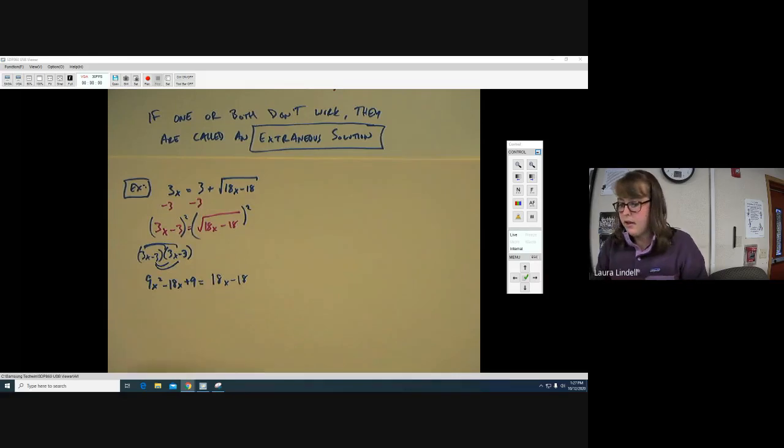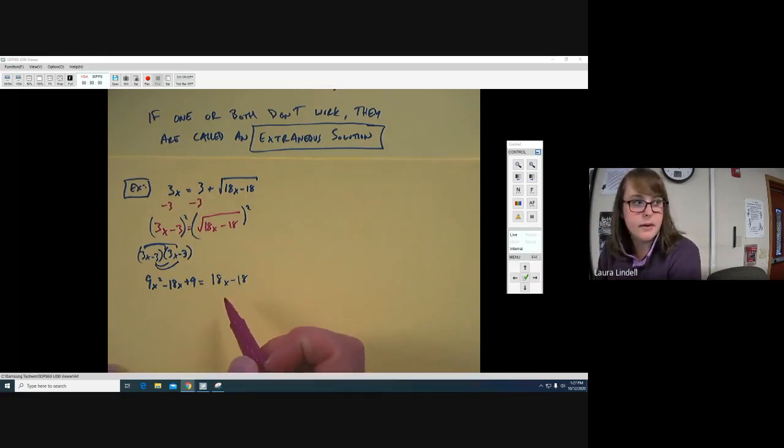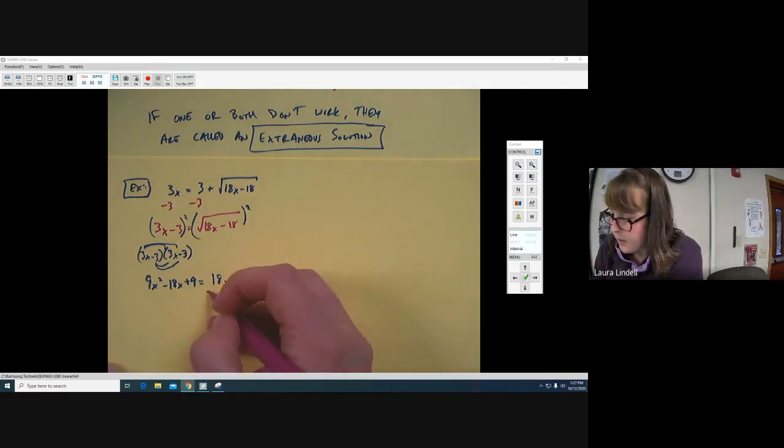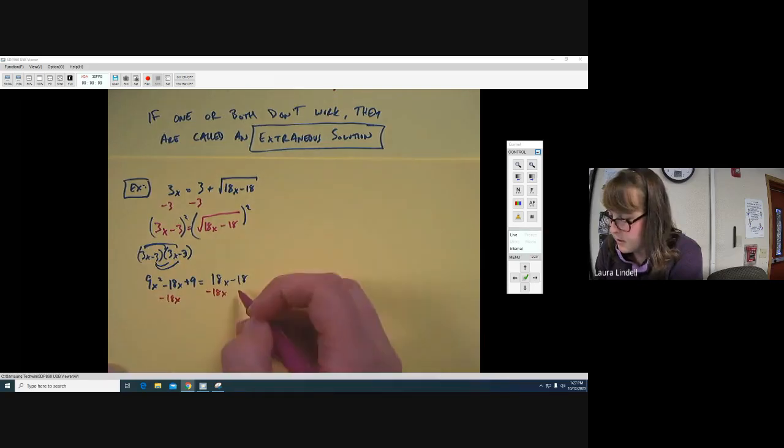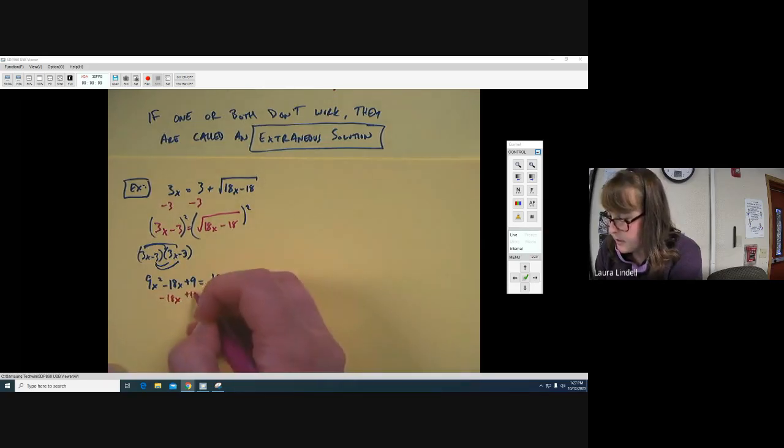Okay, then we're going to solve this one just like we did the last one, moving everything over. So minus 18x, minus 18x, plus 18, plus 18.